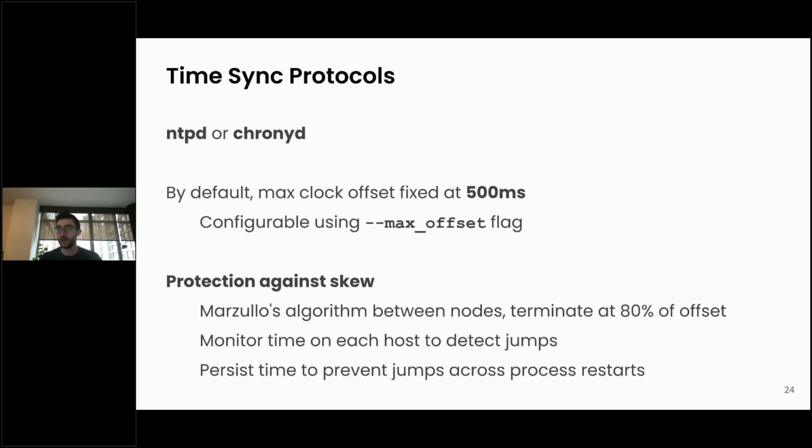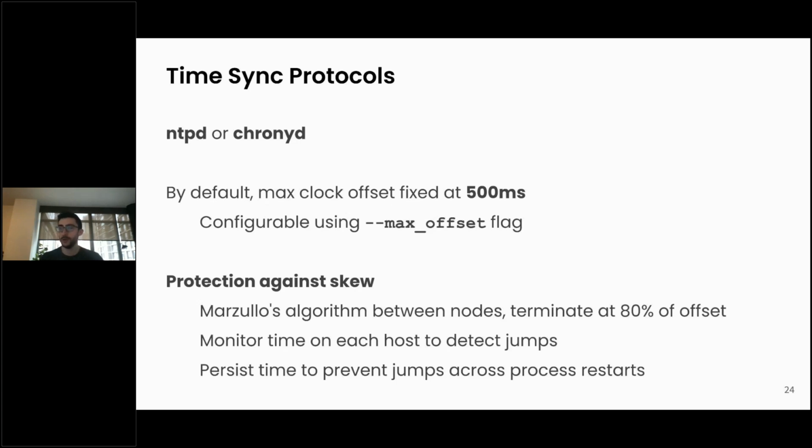And so this provides protection against clock skew getting bad enough to lead to some issues that we'll talk about on the next slide. But this is still somewhat blunt in that we are setting a static value and just testing against that value.